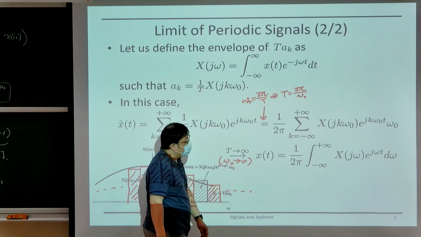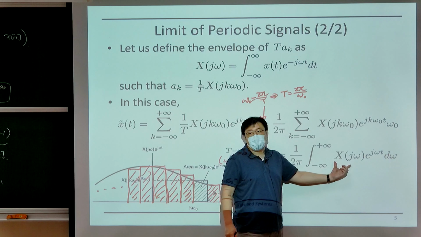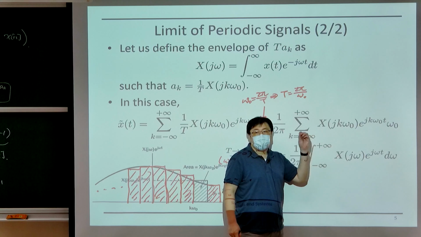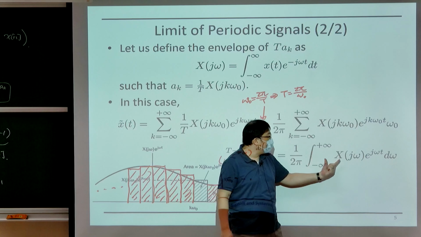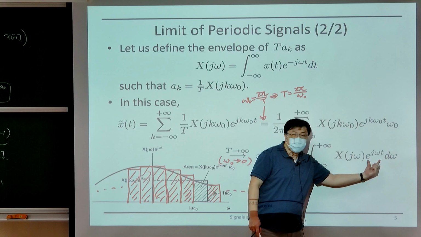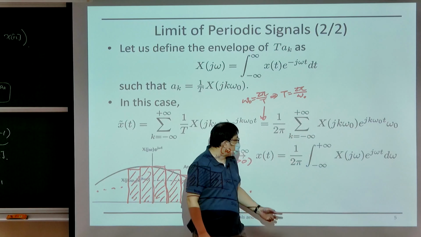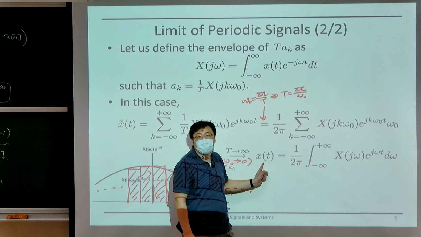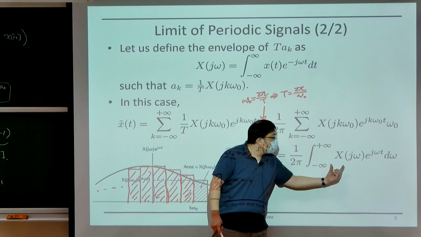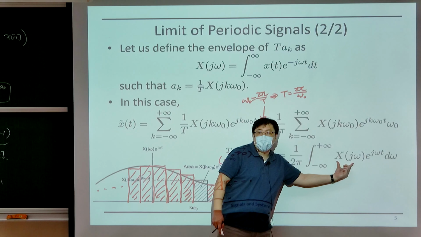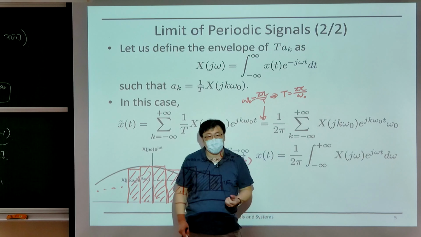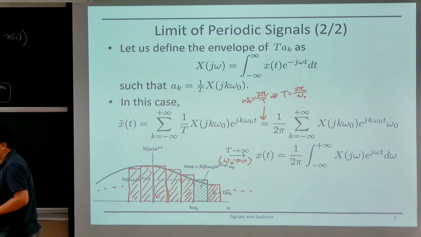And this x of j omega then specifies how much of this frequency component is contained in the signal x of t. So therefore, we refer to this x of j omega as the spectrum of the signal.